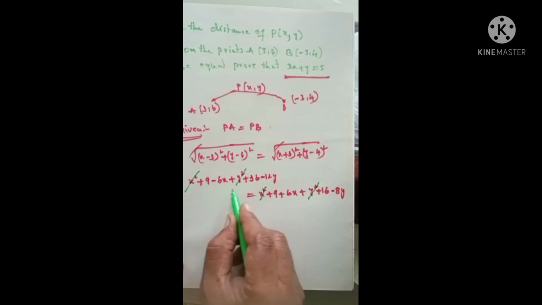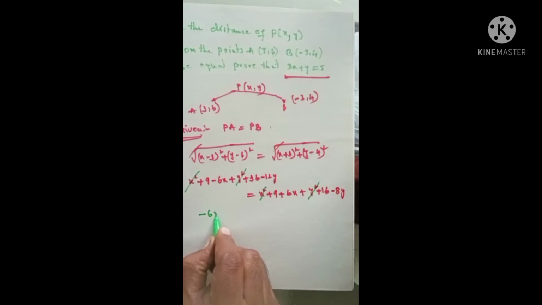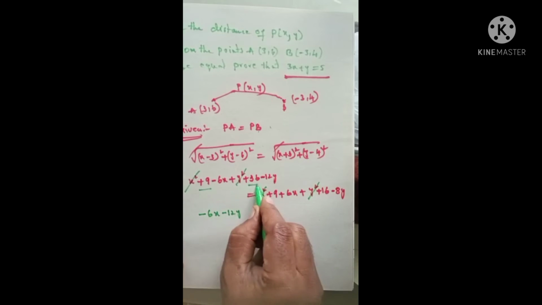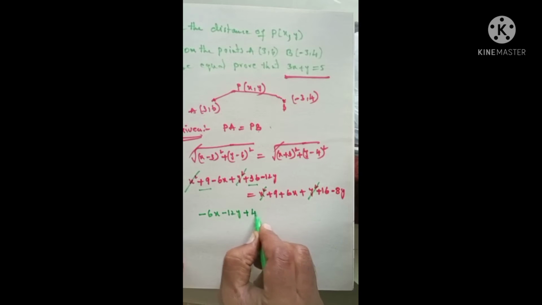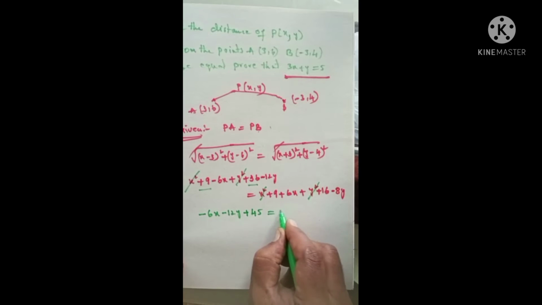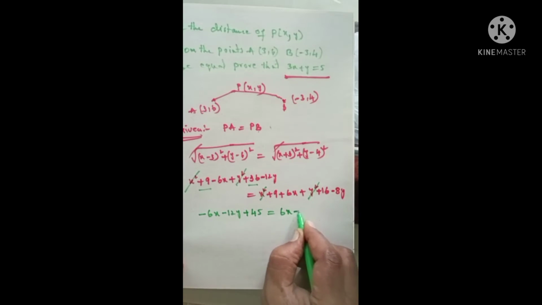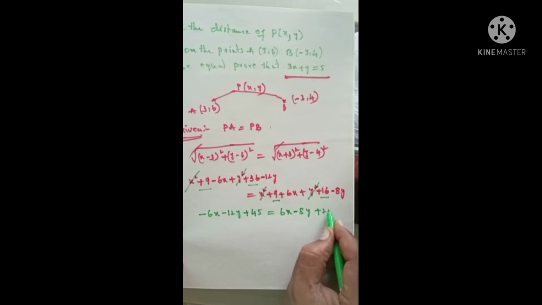If you see, Nana, what I got here: minus 6x minus 12y. If you add these two values, you will get plus 45, is equal to here 6x minus 8y. If you add these two, you will get plus 25.